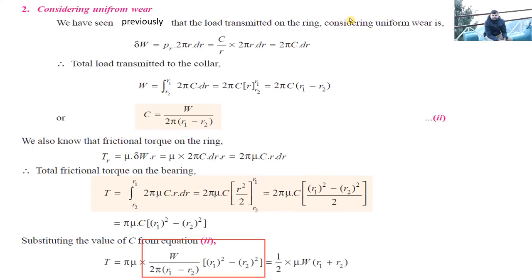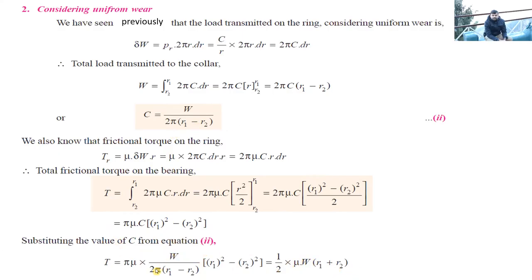So T equals pi into mu into C (R1 square minus R2 square), and we substitute the value of C, which is W upon 2 pi (R1 minus R2).